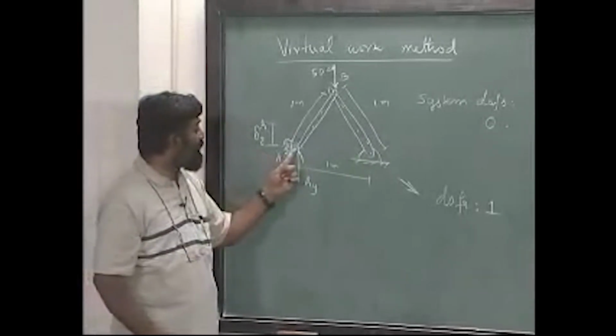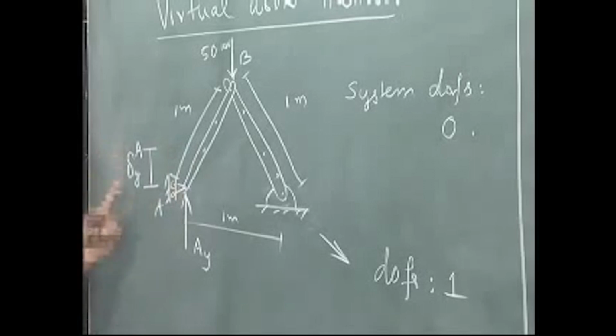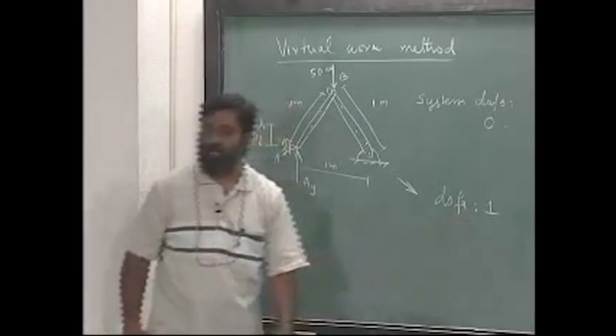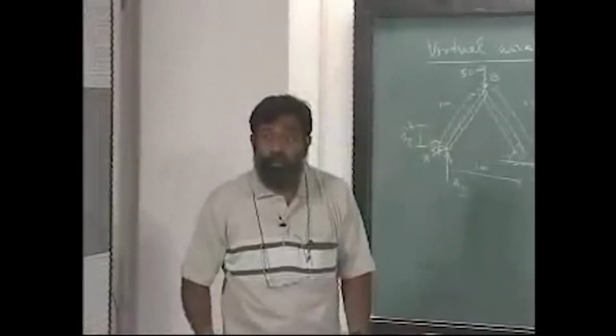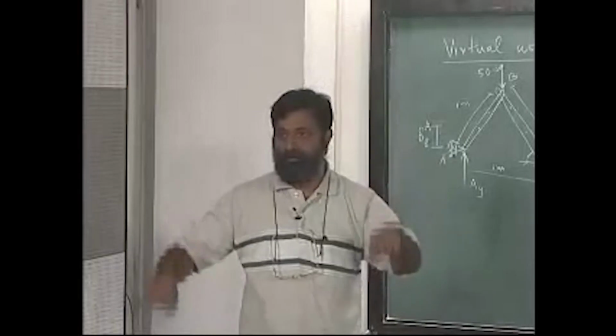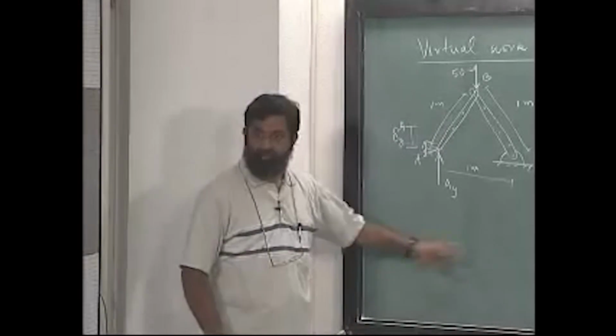Since I can find out the displacement of all these with respect to delta YA, by supplying a single value of delta YA I can find out the displacement of the entire system, and therefore degrees of freedom is equal to 1. Supposing it were 2, I have to specify the values of 2 of those, and then I can find that out. Is this clear?